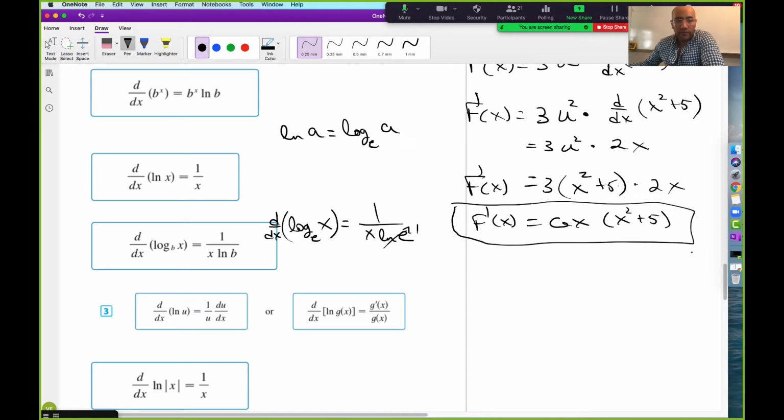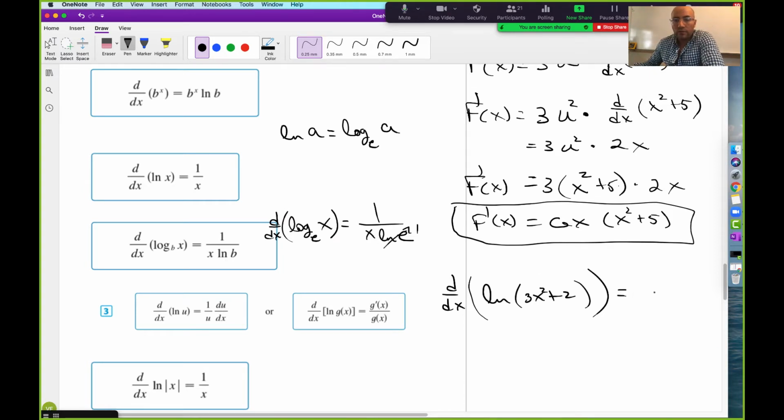Right? So quick little example: if we had ln of 3x squared plus 2, say we want the derivative with respect to x of this whole thing. If this had been just a single letter, ln u, then we know the derivative is just to take this underneath 1.